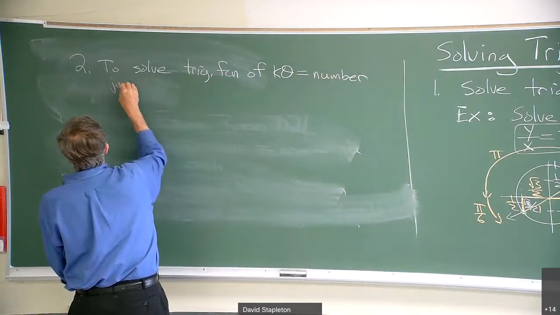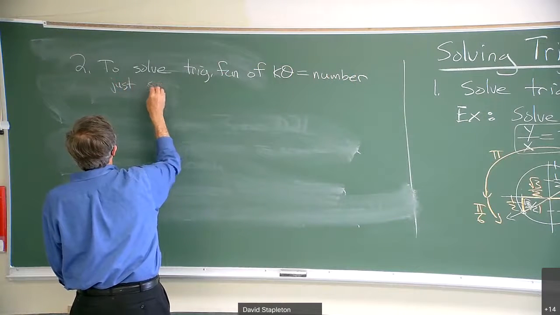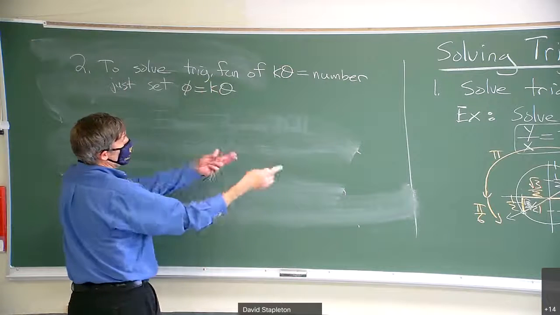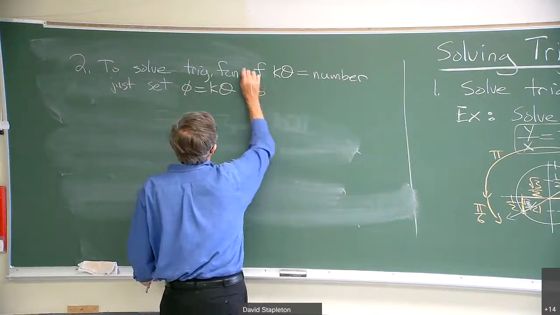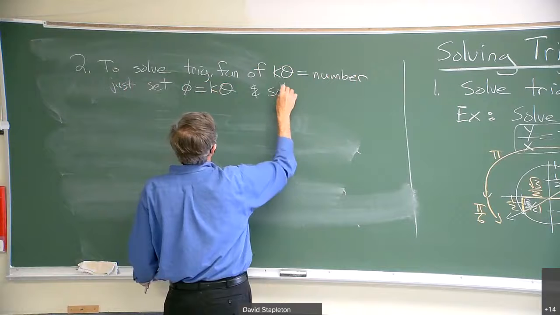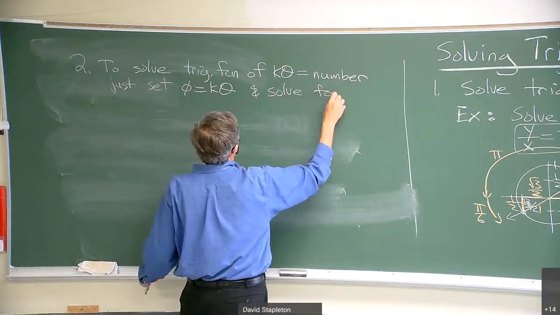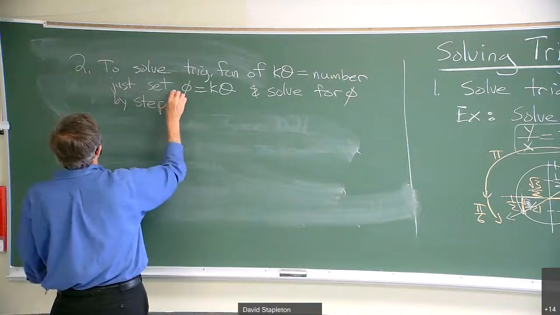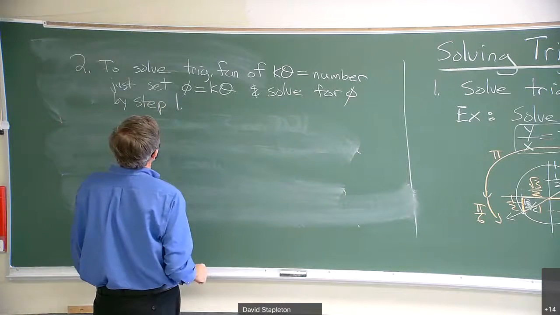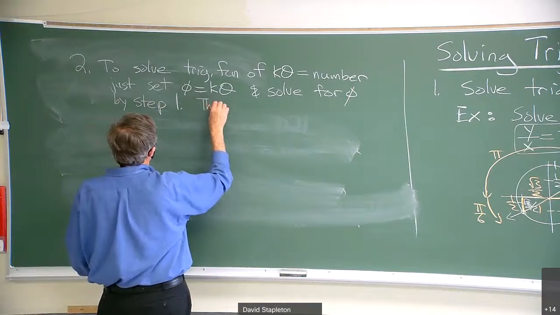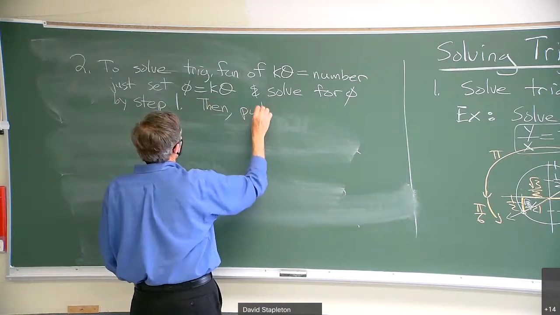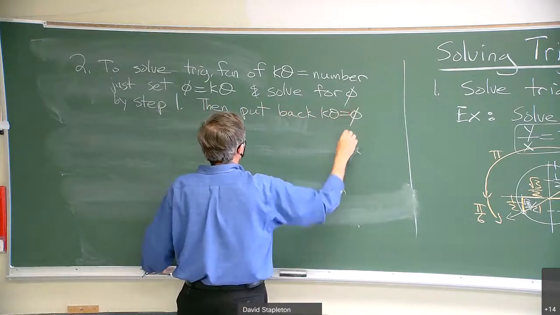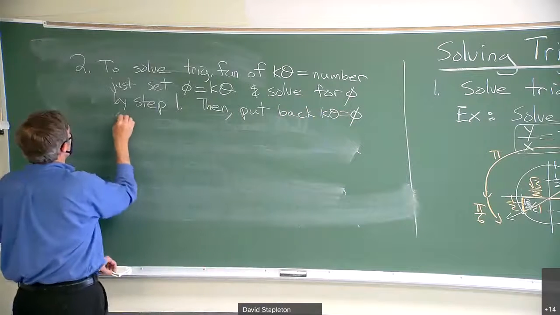Just set your favorite letter, such as phi, equal to k theta, solve by step one, this time for phi. Then put back k theta for phi and solve for theta.